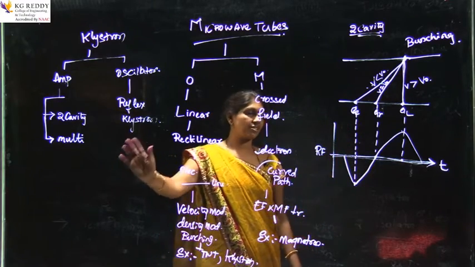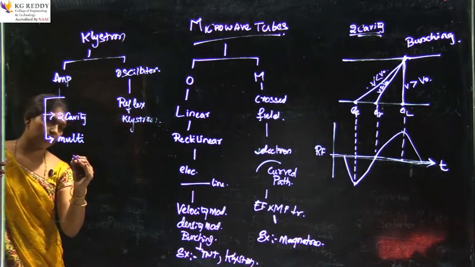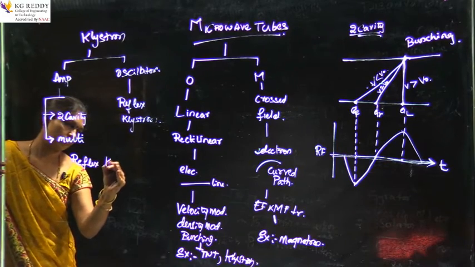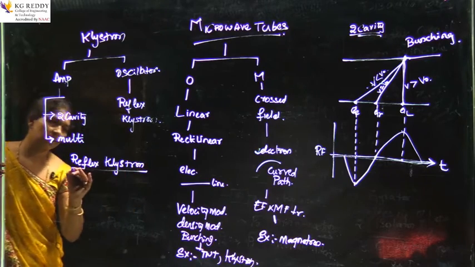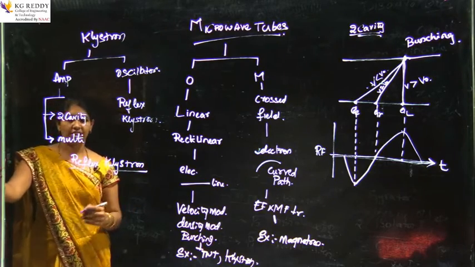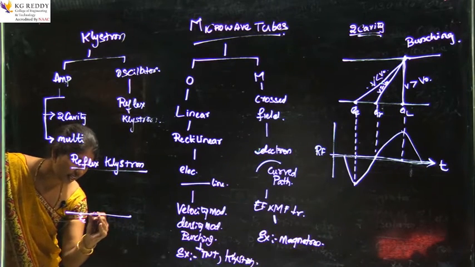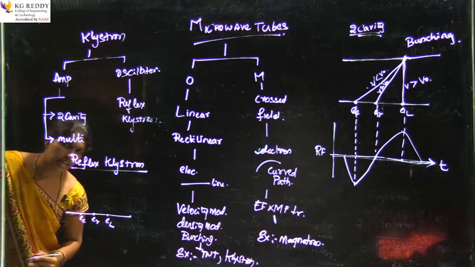Coming to the reflex klystron, I will draw the Applegate diagram of the reflex klystron here. Here, the principle is quite different. Here also we have 3 electrons: early electron, reference electron, and late electron.